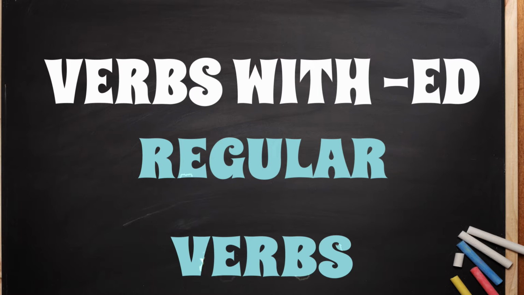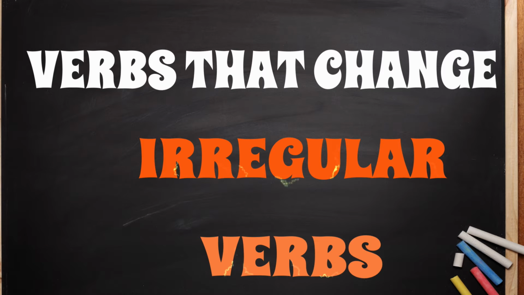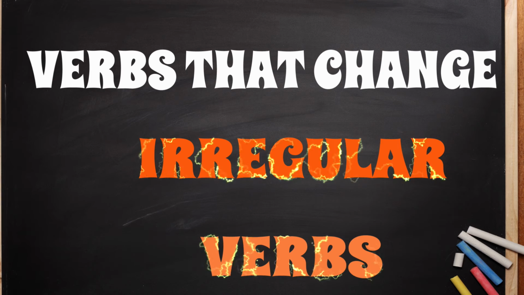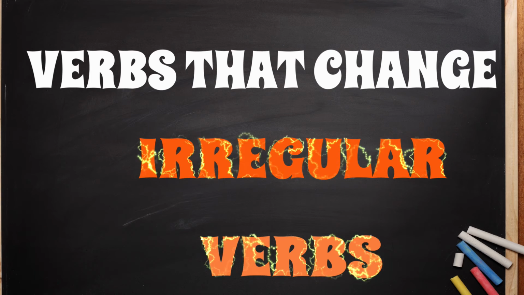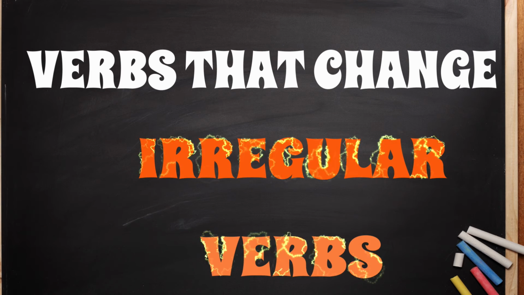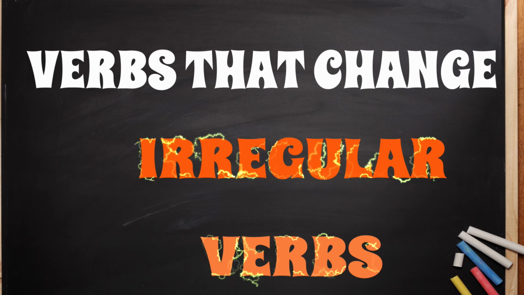All the verbs that have ed are called regular verbs, and they are very easy to spot. All you have to do is look for the ed at the end. It's like their tail. All the verbs that put a disguise on and look very different when they are in their past form are called irregular verbs. These are tricky and you have to play with them to really spot them.